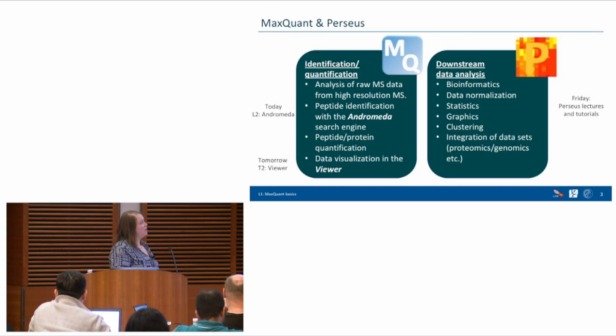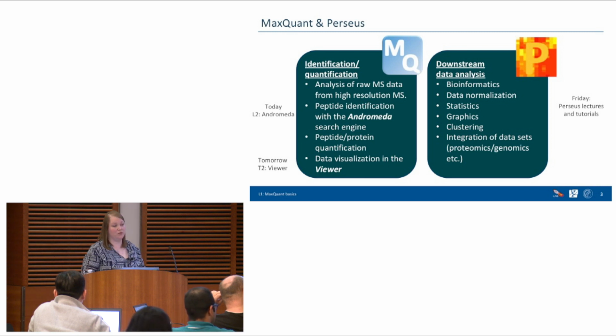MaxQuant analyzes the raw mass spec data, which usually comes from high resolution, and the peptides and proteins are identified with the integrated database search engine Andromeda. It also does the peptide and protein quantification.